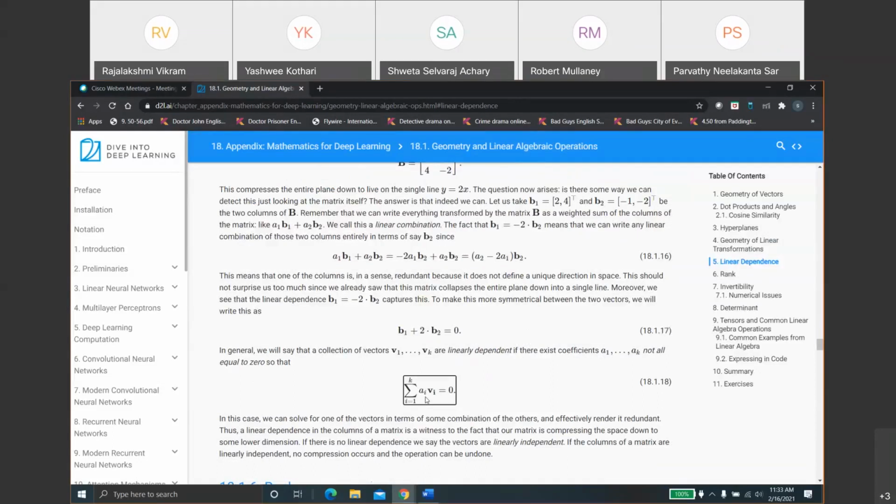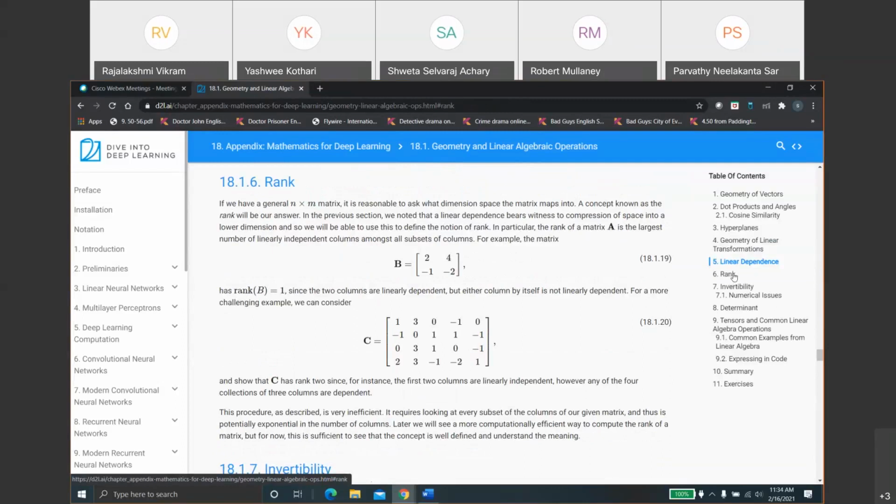Okay, and if there exists linear dependence in a matrix, then the operations performed by that matrix cannot be undone. Okay, so finding linear dependence is pretty difficult because you'll have to take a look at every subset, right?